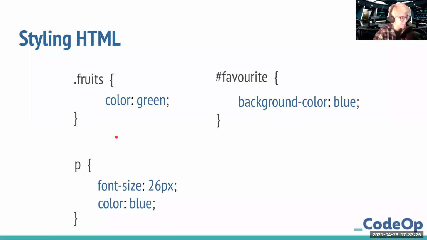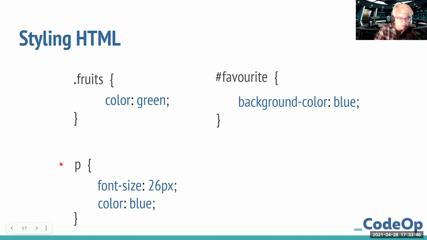Exactly, Luca. This is what I'm going to explain to you right now. Well spotted. In the first one, we are talking about classes. For classes it's a dot. For IDs it's a hashtag.